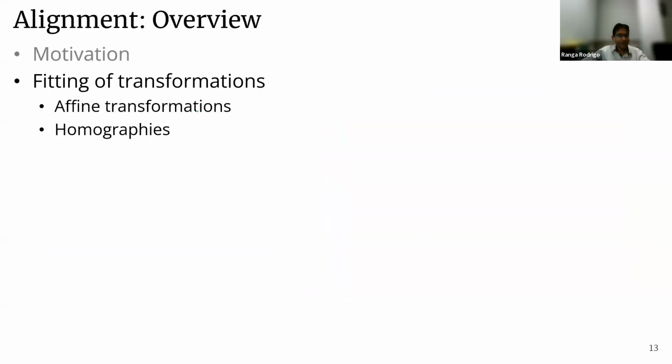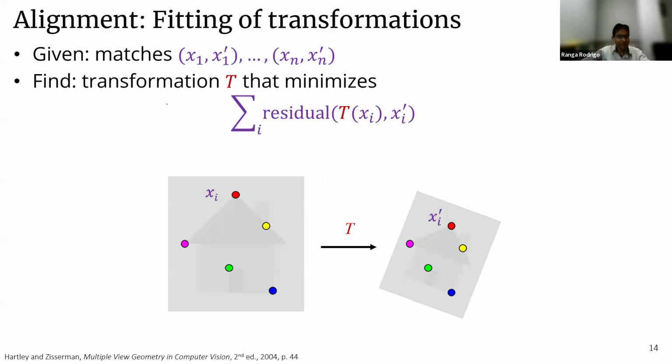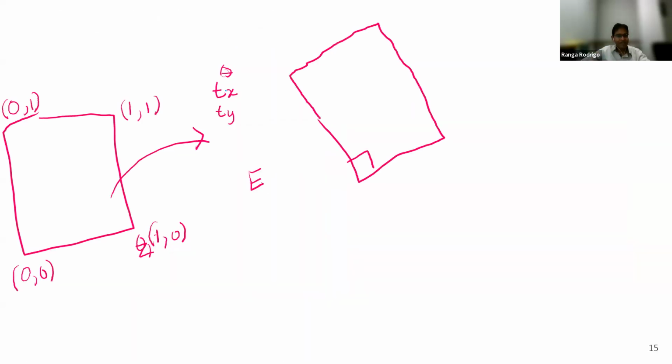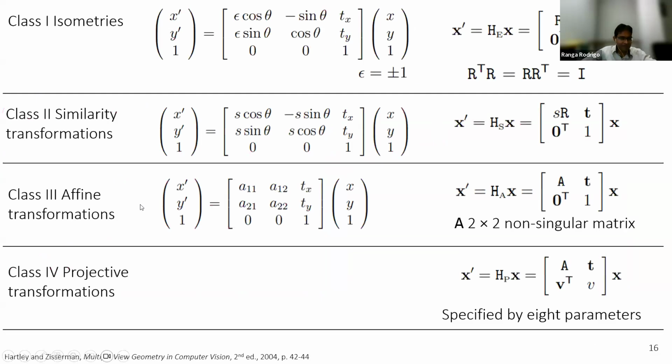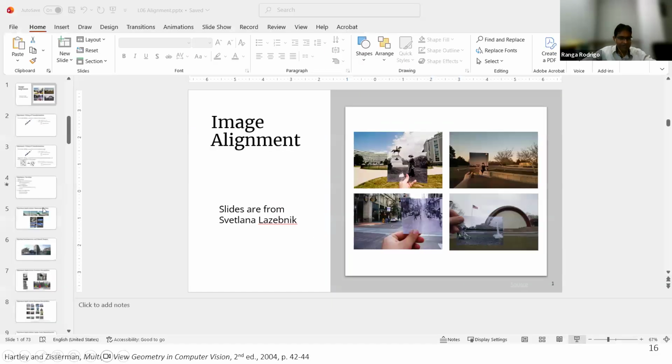So, finding transformations and homographies. Let's see how to do this minimization and find those transformations. First of all, we have to see what these transformations are. So let me briefly take you through these transformations before going into this.